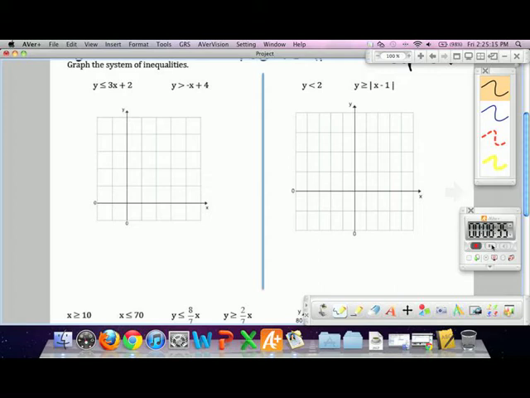So in this case, the first line has a y-intercept of 2 and a slope of 3. It's a solid line because it's or equal to, and it's less than. We could pick a test point, say 0, 0, and ask, is 0 less than 2? Yeah. So we'd shade below this line.